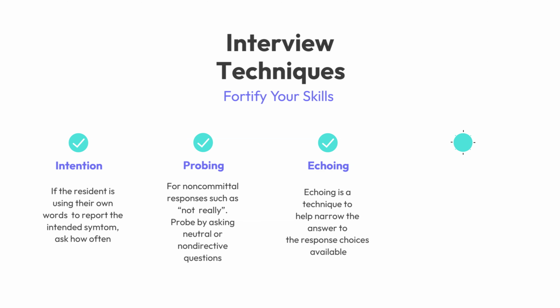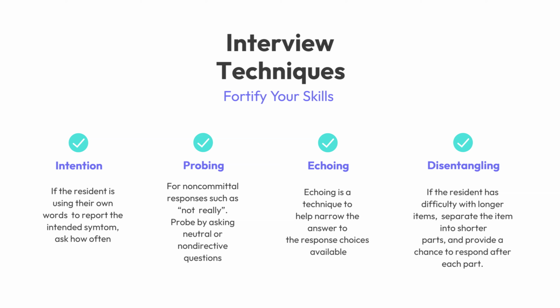Disentangling is a helpful technique if a resident has moderate cognitive impairment but can respond to simple, direct questions. If the resident has difficulty with longer items, separate the item into shorter parts and provide a chance to respond after each part. For example, trouble falling or staying asleep, or sleeping too much can be broken down to, "How often are you having problems falling asleep?"